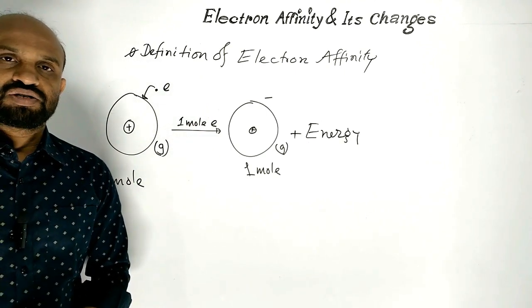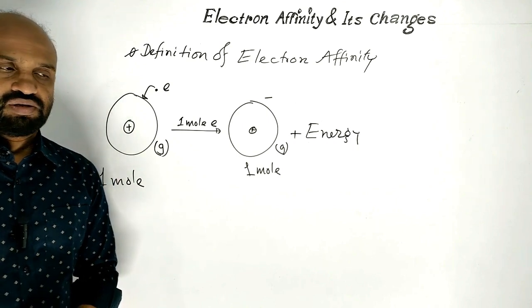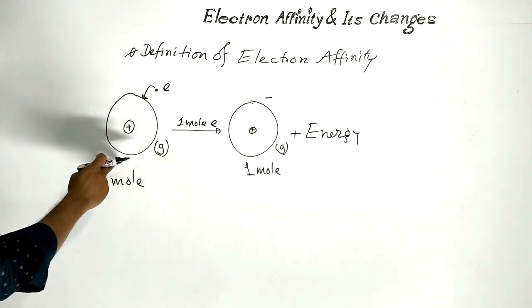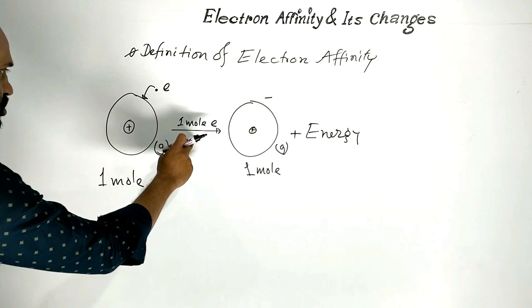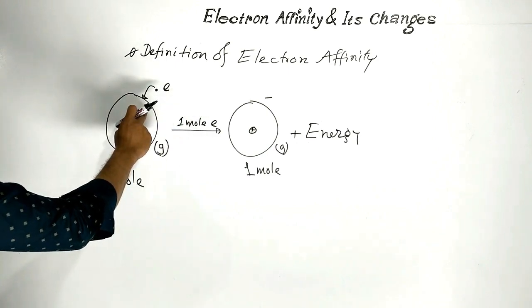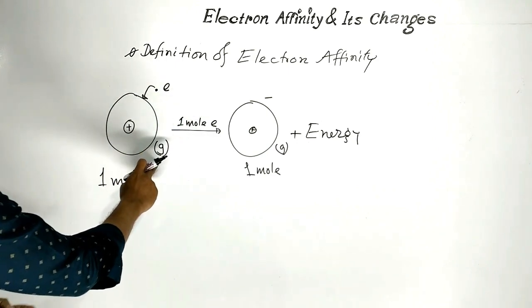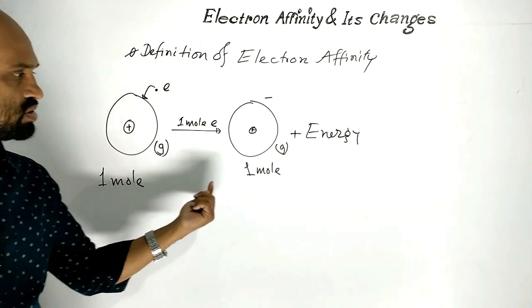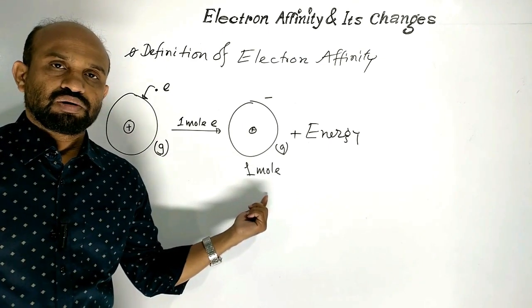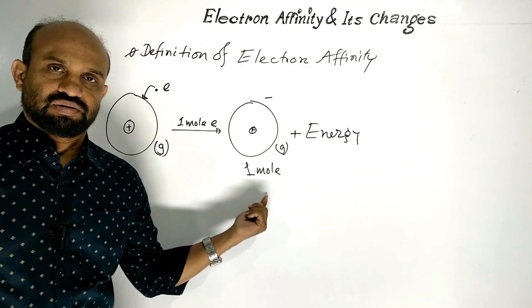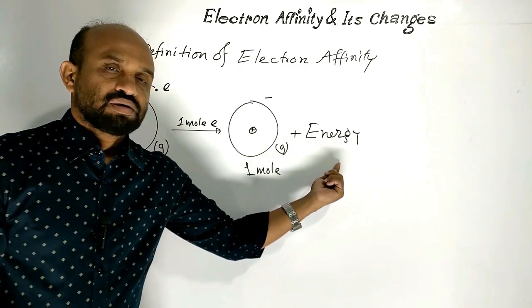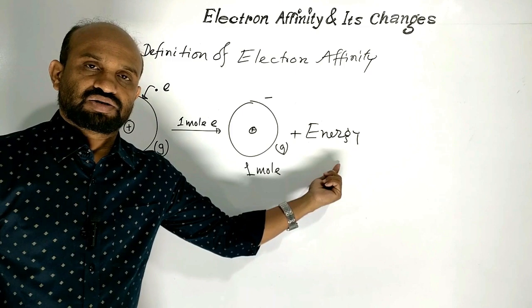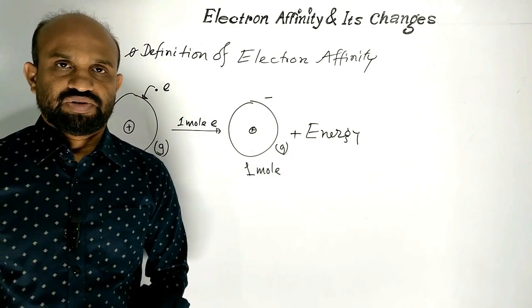Let's see the definition of electron affinity. When 1 mole of electrons is added to 1 mole of gaseous neutral atoms to form 1 mole of uninegative ions, then the energy released is called electron affinity.